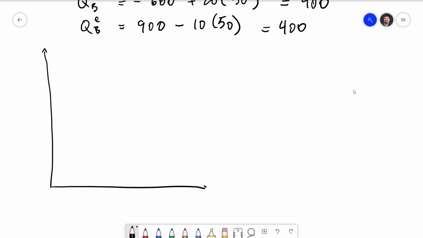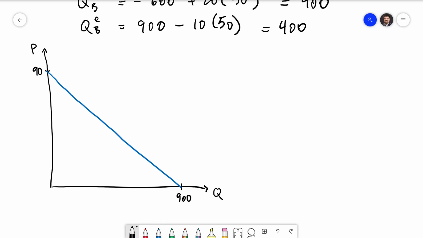Let's go ahead and graph our market. I won't go through this in as much detail as before, since we already showed how to graph these individually in the last two videos. For the demand function, we use our intercepts of 900 on the quantity side and 90 on the price side. Draw a straight line between them.